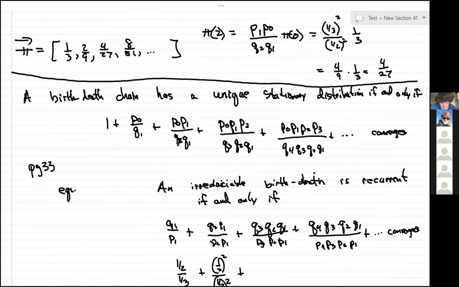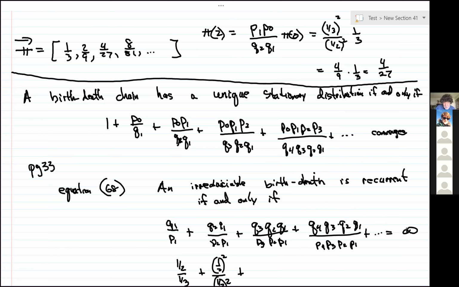Equation 68 says this, and they reduce it to. Okay, so let me make sure I'm taking the right thing here. Oh, yeah, I did everything right except for the conclusion. It's if and only if this thing is what? Infinite. That's why I'm getting contradictory results, okay?